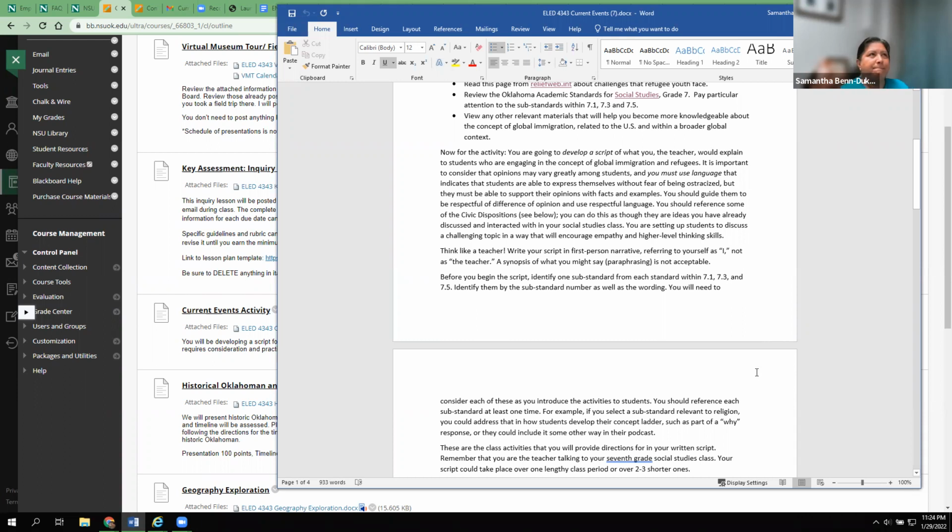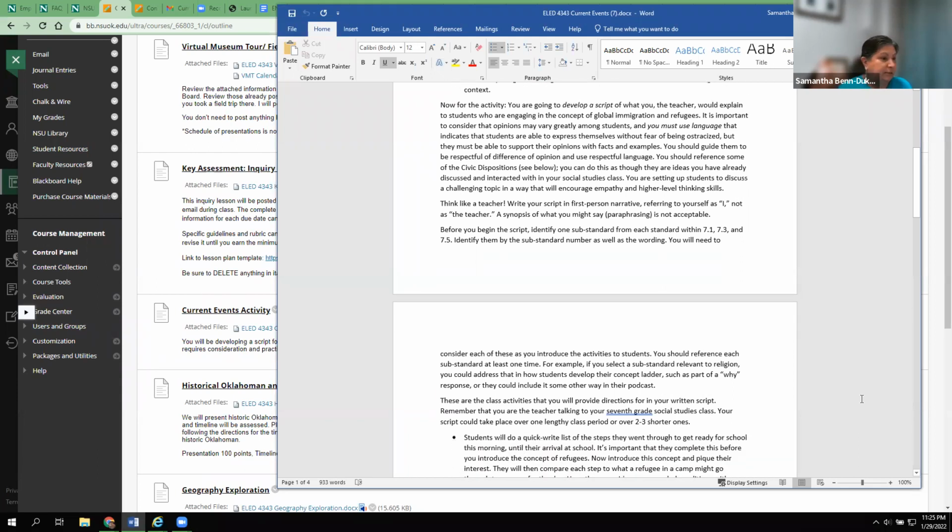Maybe one of your standards had to do with looking at the religions in the region, and you would just mention that they will need to consider the relevance that religion has among the refugees, for example. It can be just a casual reference to it, but you do need to state it somewhere in your script so that the students are aware of it.